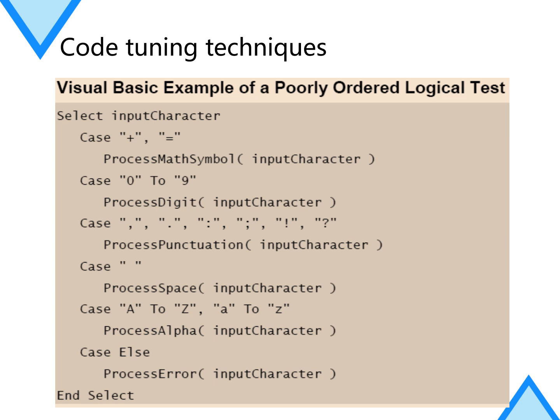If we change the order and order the tests by their frequency of use, the condition that will be true most often, meaning we use that data most frequently, we put that condition first. As I told you, we use characters more than numbers, and numbers are mathematical expressions. So let's see a good order logic test example.